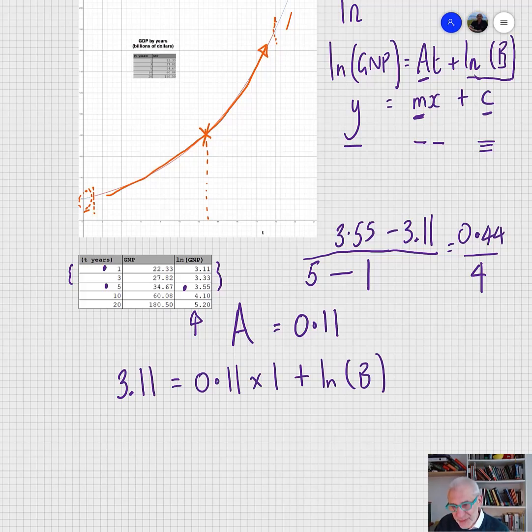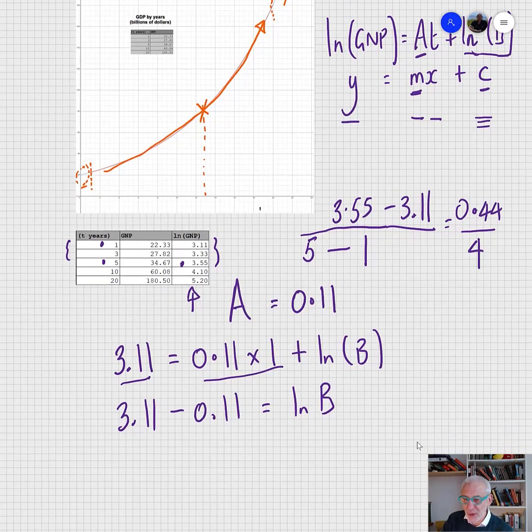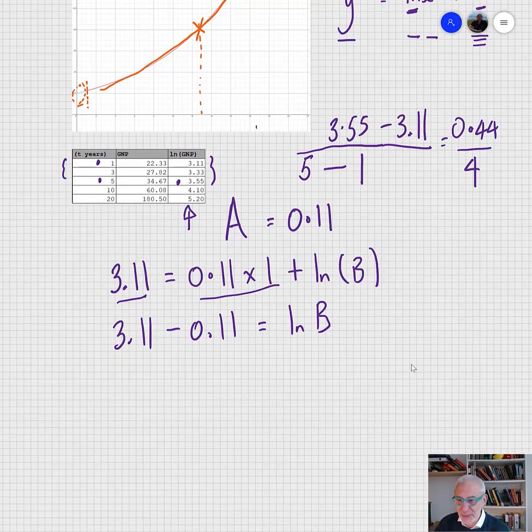So what we've got here is 3.11 is equal to 0.11 times 1 plus log n of b. Okay, so we're going to say 3.11 minus 0.11 is equal to the log n of b. All I've done is subtract that part from that part. So our log n of b is equal to 3.